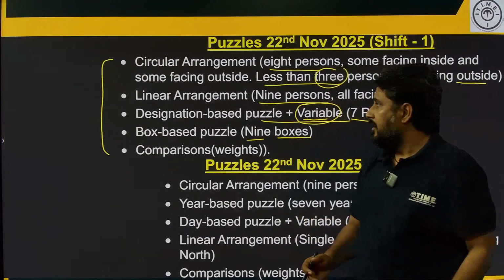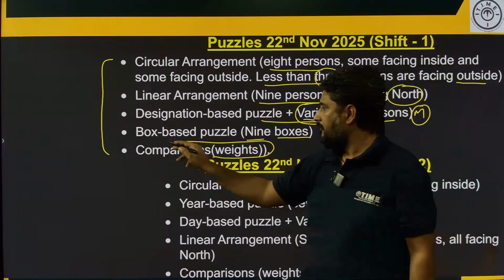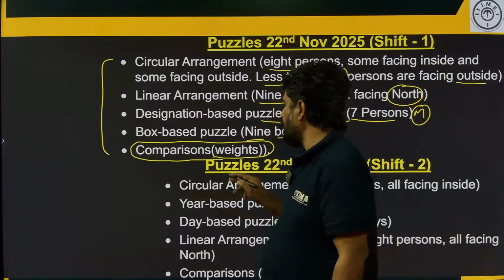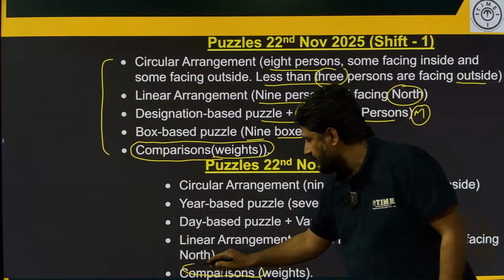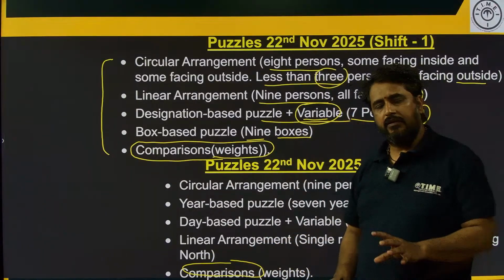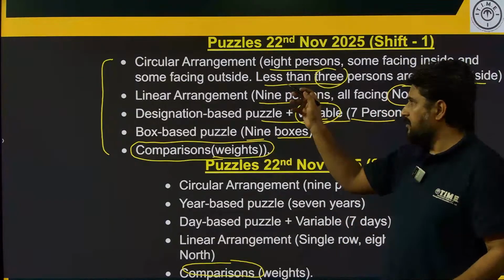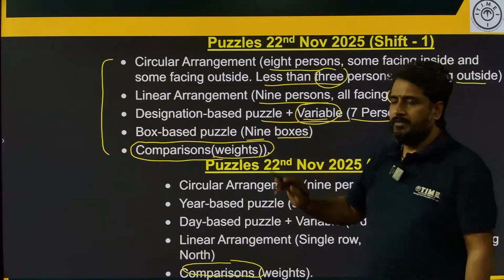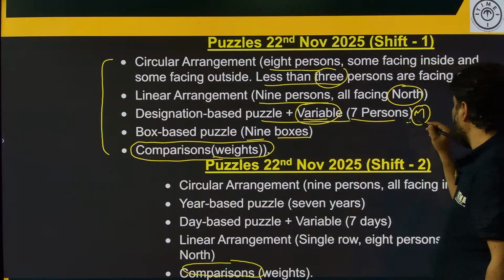Okay, and comparison. Almost in all the slots, 3 questions are given in comparisons. If you look here, even in this slot comparisons are given. So almost in all the slots, a comparisons question is given for 3 marks. There are no new surprises in the first shift of 22nd November, except this is slightly moderate level.